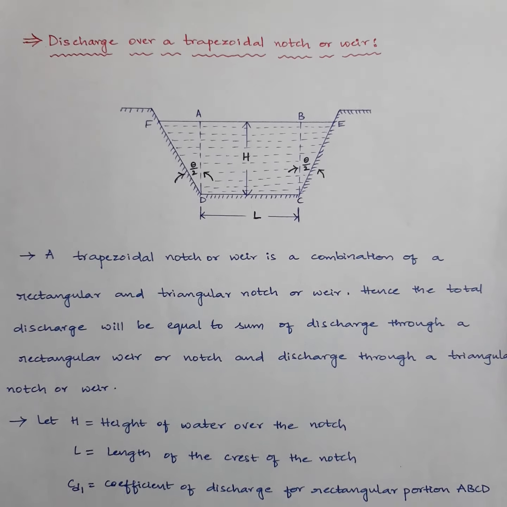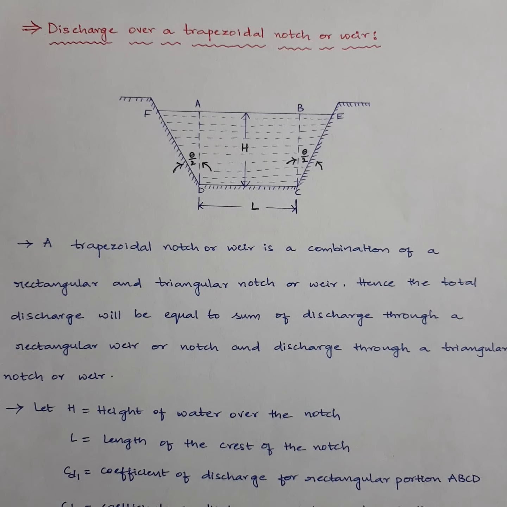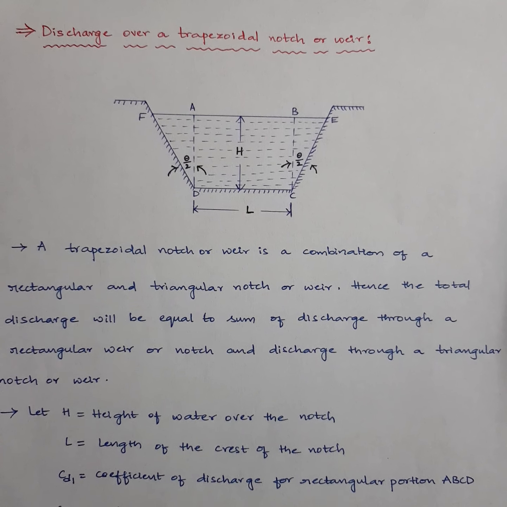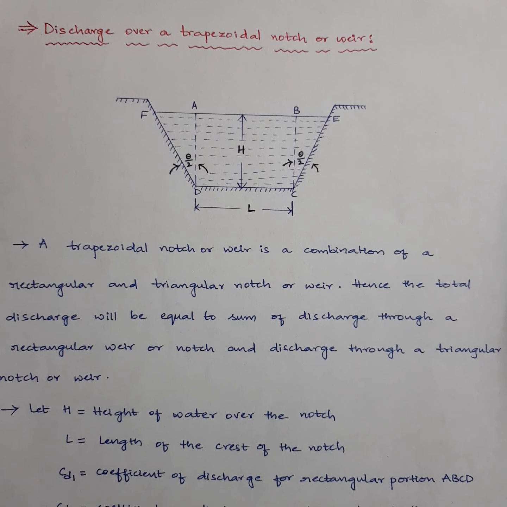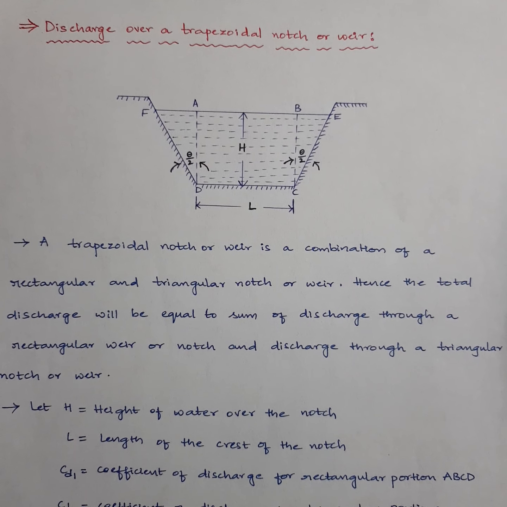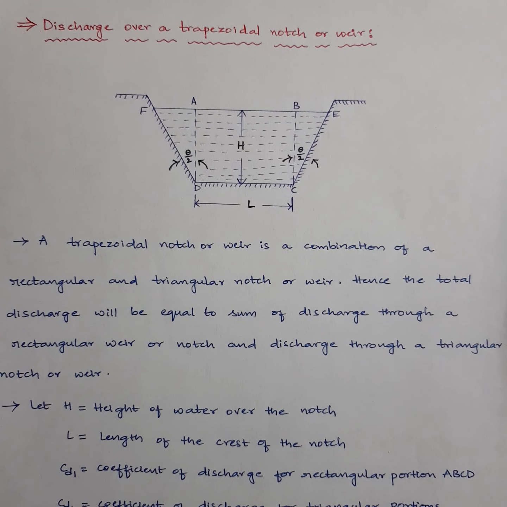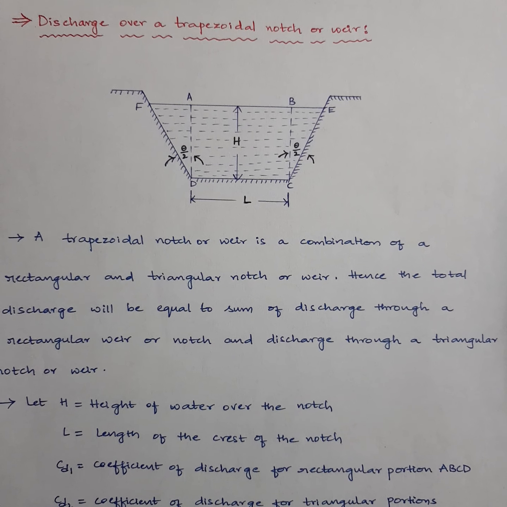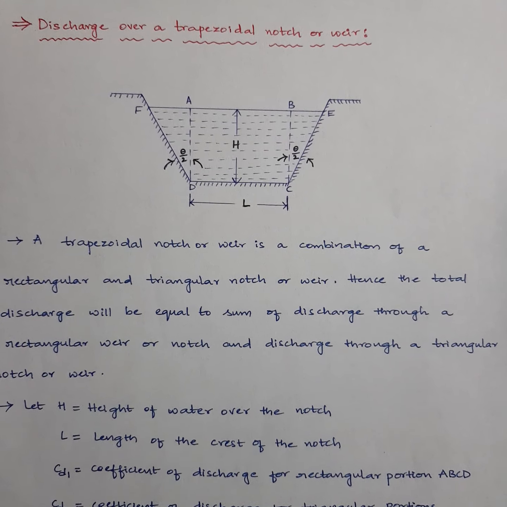So the trapezoidal notch derivation is quite simpler because it's just the addition of discharges through a rectangular notch as well as a triangular notch. So the discharge through one rectangular notch plus one triangular notch will give you the discharge through a trapezoidal notch.